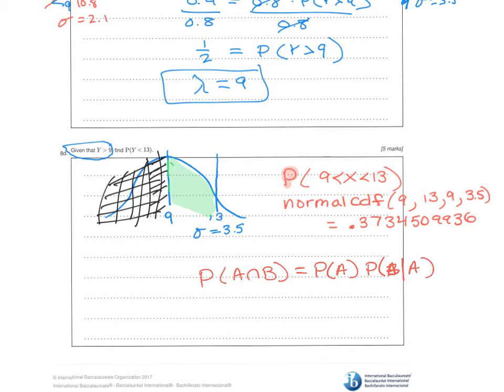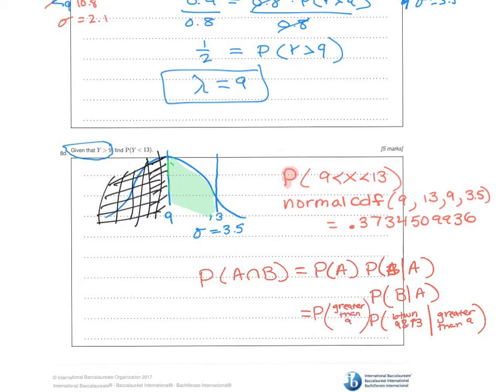So we're trying to find the probability of B given A. The probability that it's between 9 and 13 assuming or given that it's already greater than 9. That's what we're trying to find. Well, that means that probability of A, that's the probability of it being greater than 9.